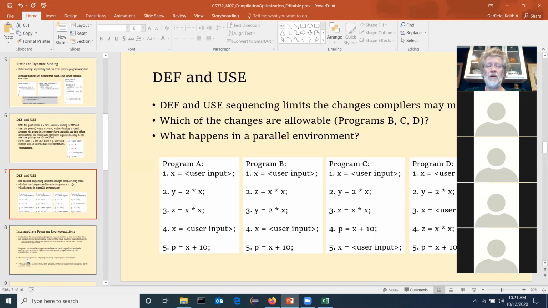Between program A and program B, are those two programs equivalent? Yes. And why is Casey right? What is the basis that she is using for program equivalence here?